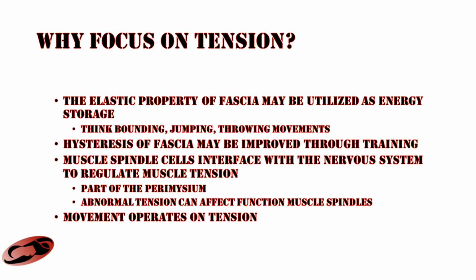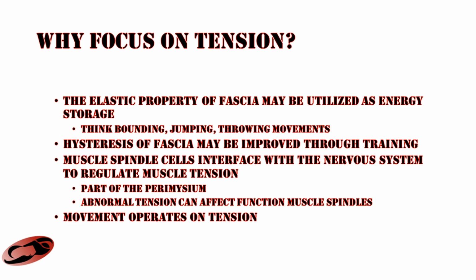And so another point besides the elastic properties of fascia is the nervous system component. So muscle spindle cells interface with the nervous system and help regulate muscle tension during movement. And these muscle spindle cells are part of the perimysium.